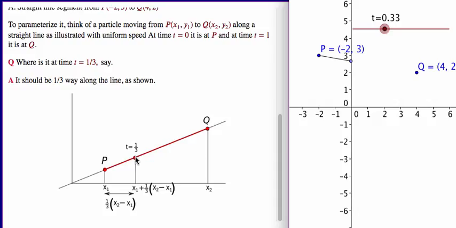Let's look at the projections of these line segments on the x-axis. P projects down to x1. At time t equals 1/3, it projects down to this point that's not labeled, and then at Q, it projects down to x2. So this length with the arrows should be 1/3 of the total length. The reason is that, think of a triangle here where this is the hypotenuse, and then I can have an imaginary adjacent side parallel to the x-axis, but starting at P. Then these lengths at the bottom are just the hypotenuse times cosine of the angle.